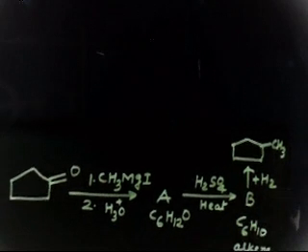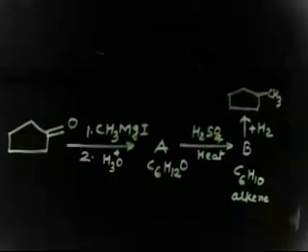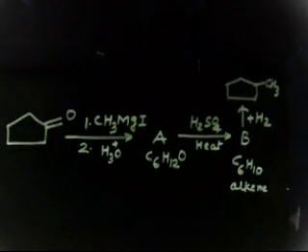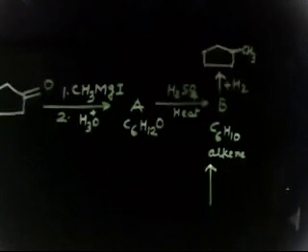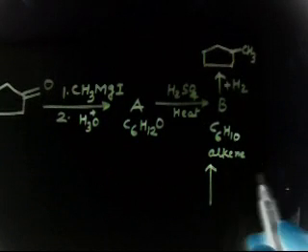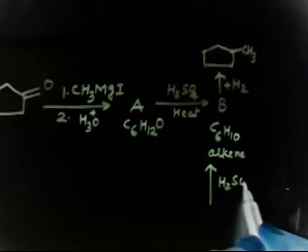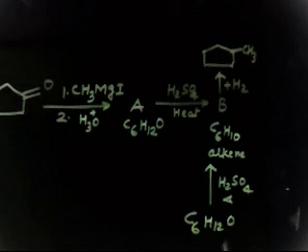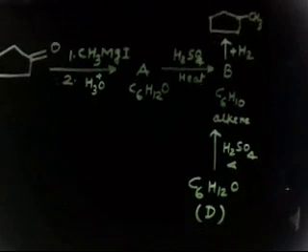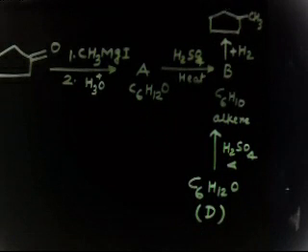Now let us say if you heat D with H2SO4, B can also be prepared from D, and D has a formula C6H12O, and once again this is a dehydration of alcohol.